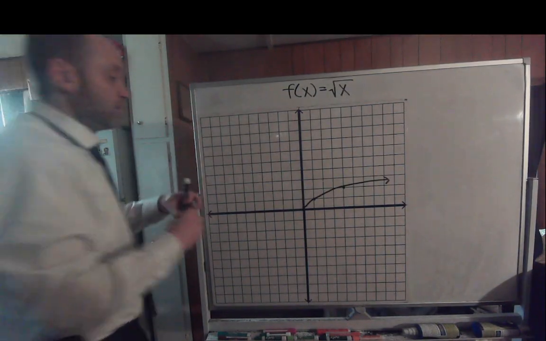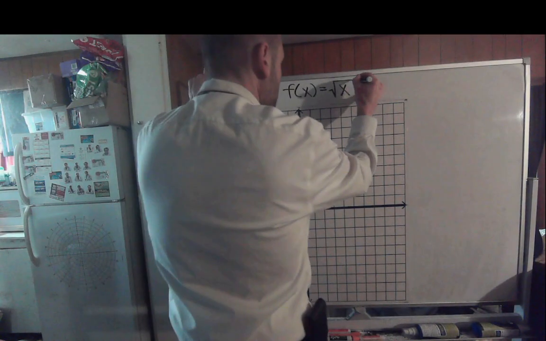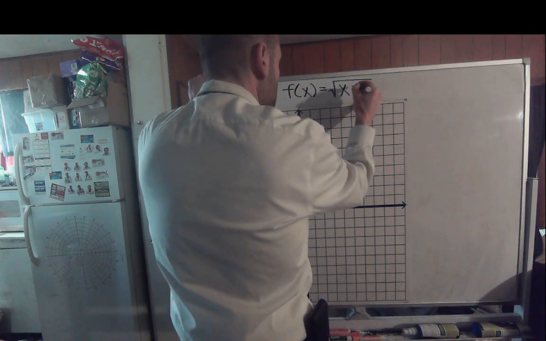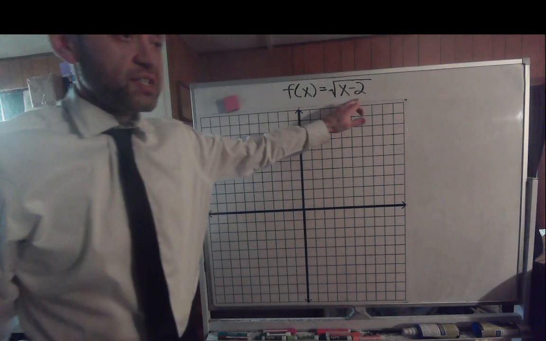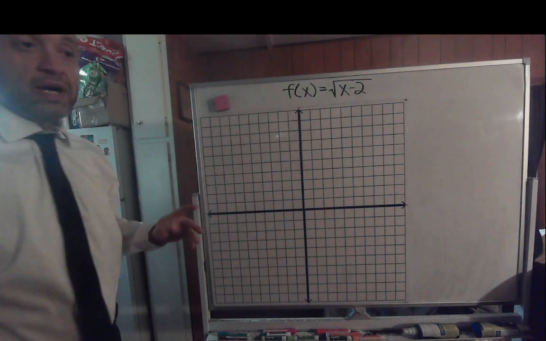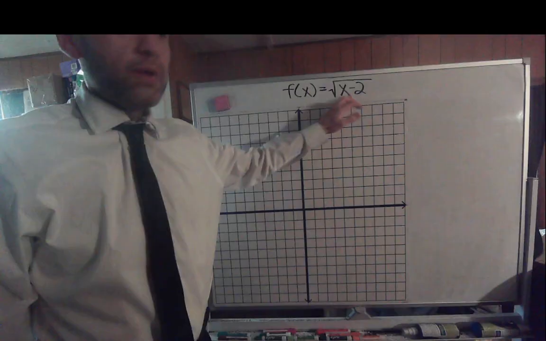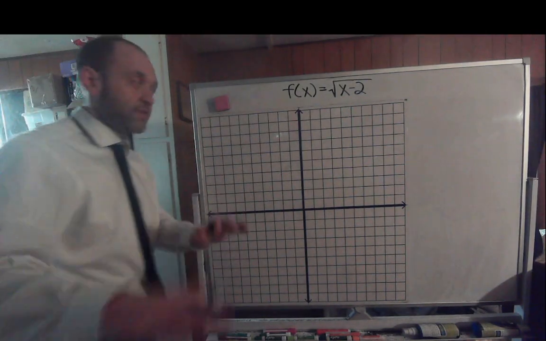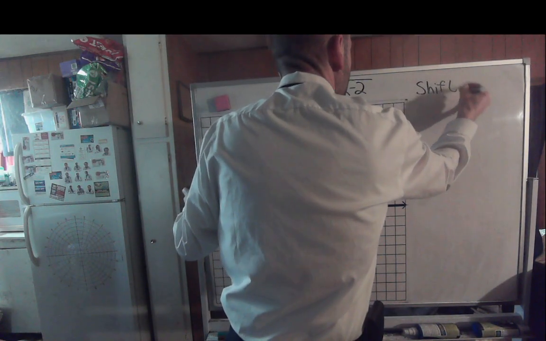Now, let's apply some transformations. I have the square root of x minus 2, all underneath the radical. Well, what am I doing then? I set that x minus 2 equal to 0. I'll get x equals 2, so I'm shifting everything to the right 2 units. So we shift right 2 units.